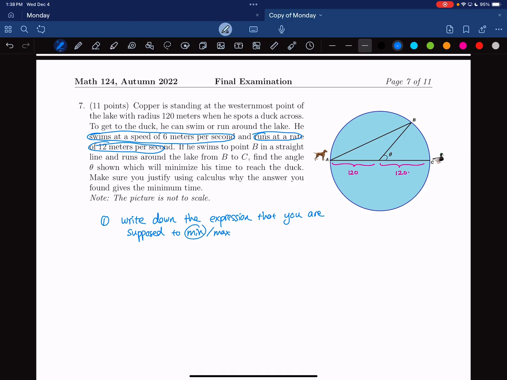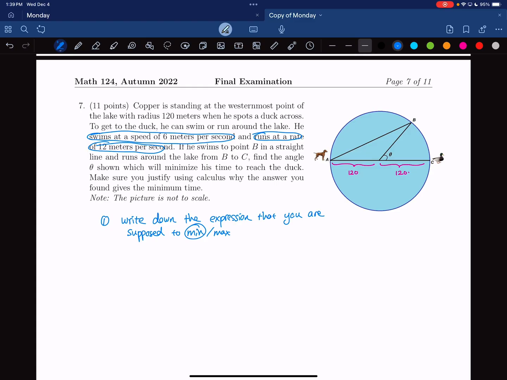In this case, whatever expression we write down, we're supposed to minimize it. Okay? And the expression we write down should be the expression for the time it takes for copper to get to the duck. Does that make sense? So here what I need to do is I need to write down the expression for the time.